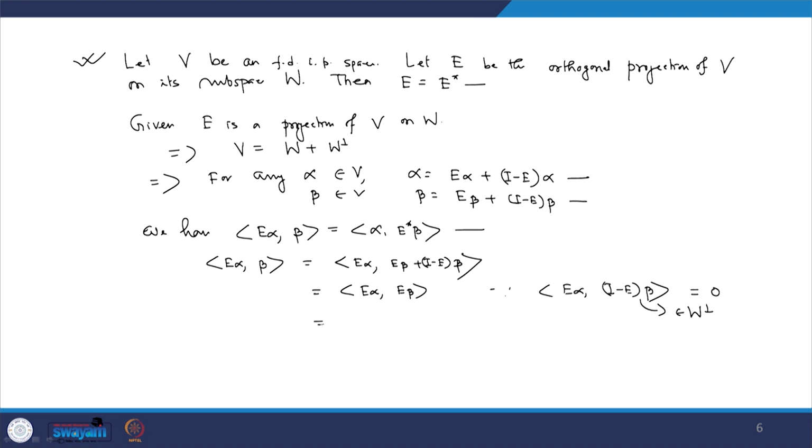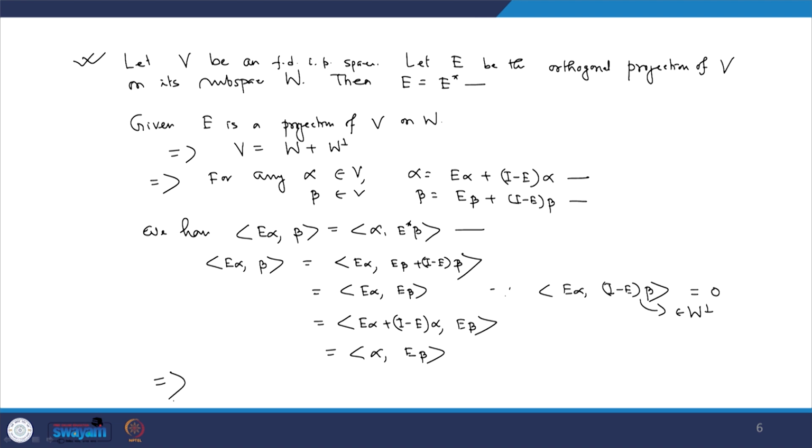Again, the contribution of the inner product of I minus E operating on beta and E beta is equal to 0. So, I can rewrite this as the inner product of E alpha plus I minus E operating on alpha, and E beta. So, this will be equal to the inner product of alpha and E beta.